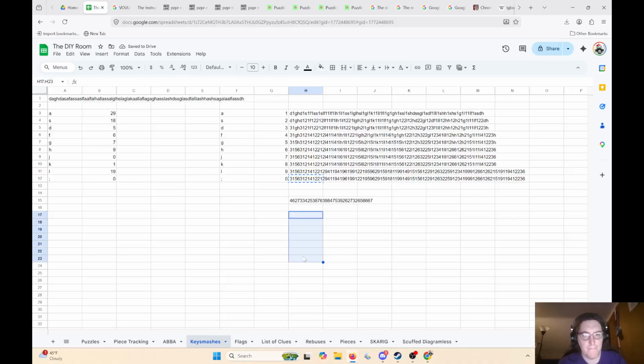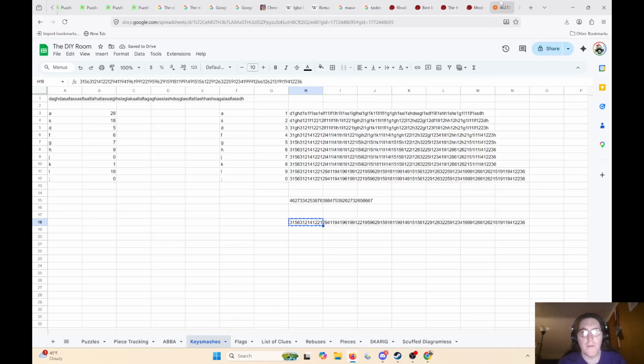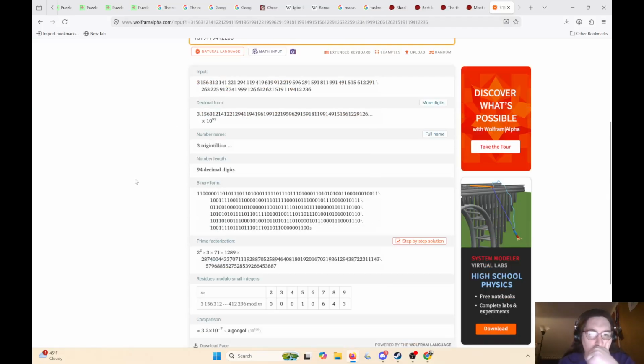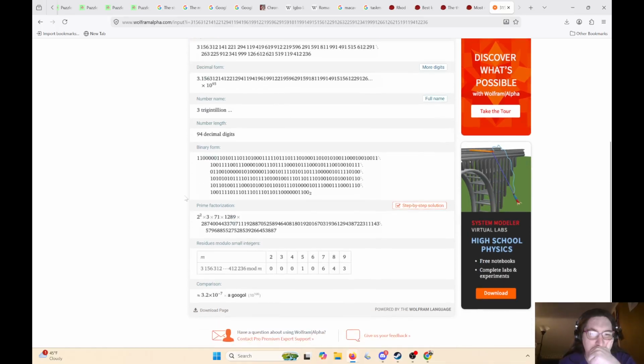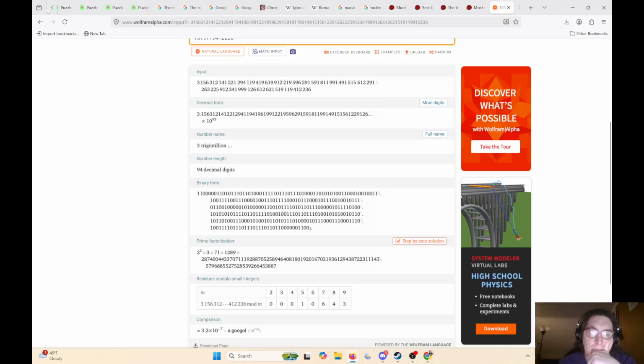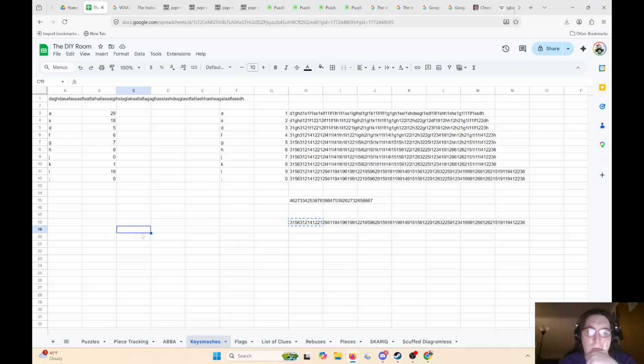Oh, right. Need a control shift V. What does Wolfram Alpha give me for this thing? So not very helpful. The prime factorizations don't look great. So maybe I'm just barking up the wrong tree here. But the fact that this one has no J's and no semicolons is wild.